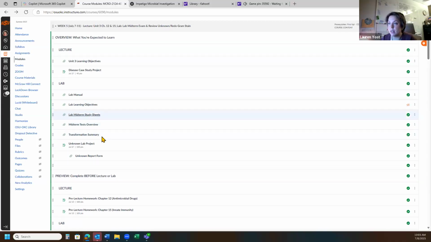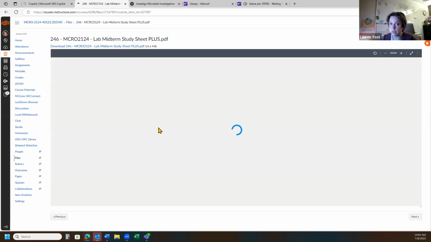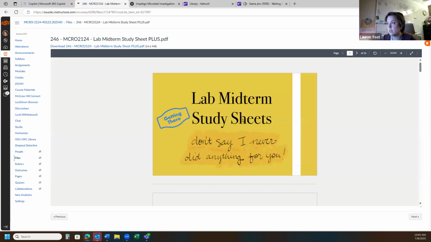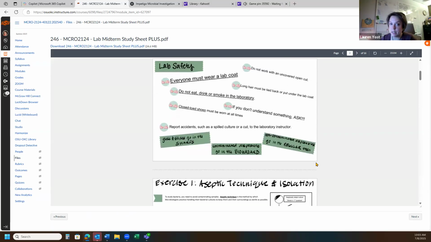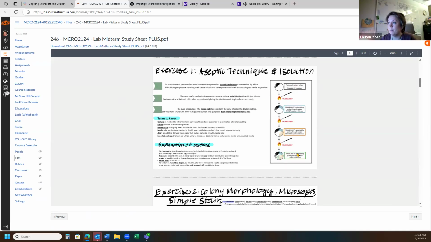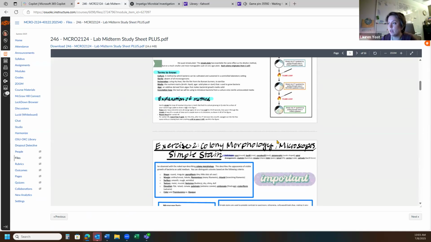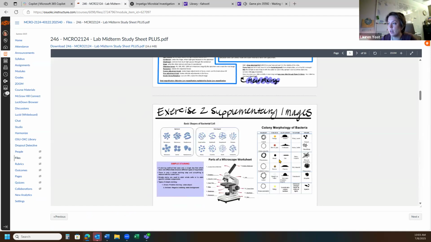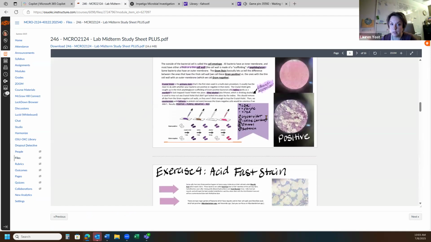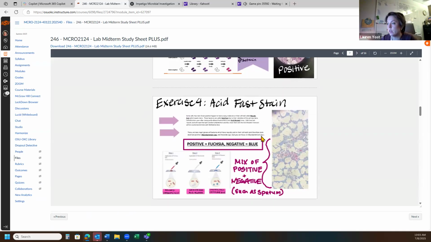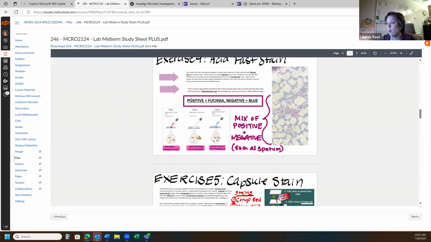We have the lab midterm study sheets. And these are those sheets that are at the end of each lab exercise. Again, we've got lab safety on there. This is any of the stuff that I could test you over on that stuff. We have aseptic technique, we have colony morphology, and each one has basically a little sheet that's gone along with that exercise with information of what is going on for each thing.